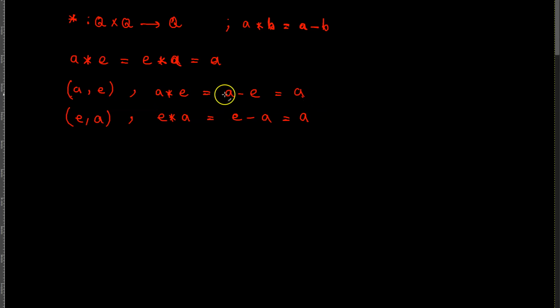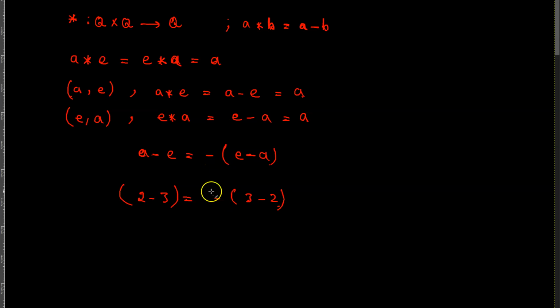So as you can see, first of all, this has to be commutative, and of course this is not commutative, because A minus E has to be equal to A and E minus A has to be equal to A, which is of course not possible, because A minus E is the algebraic opposite of E minus A. For example, 2 minus 3 is always the negative of 3 minus 2, right?